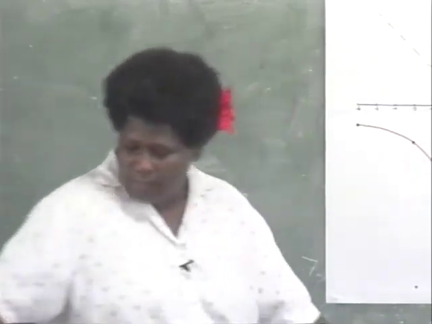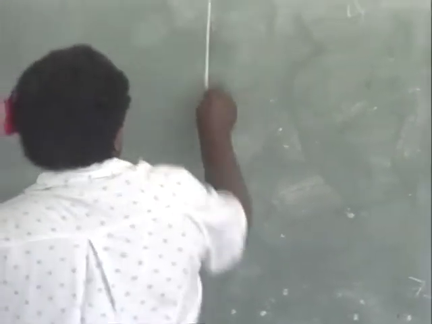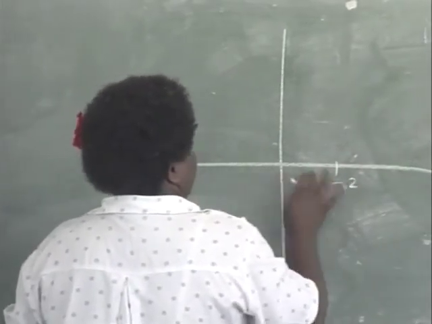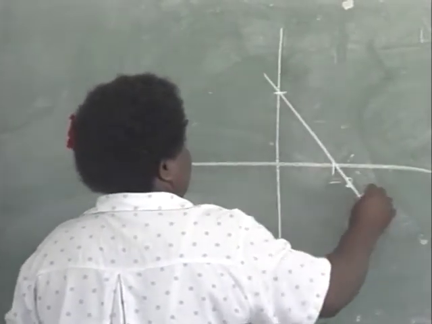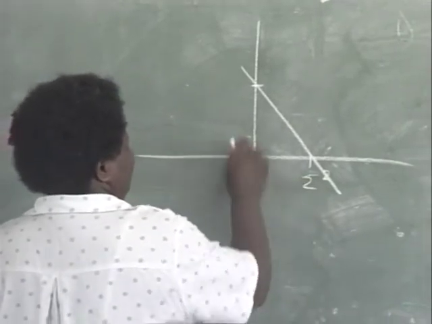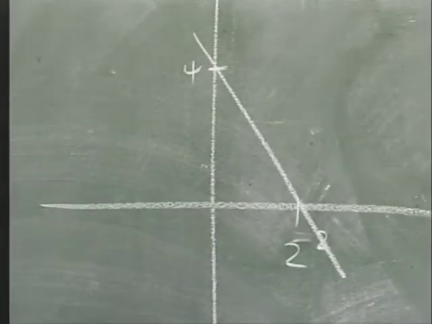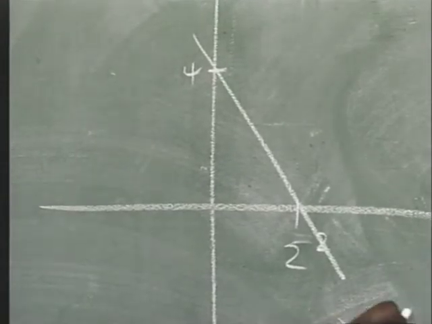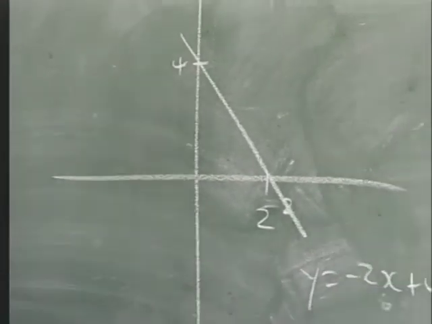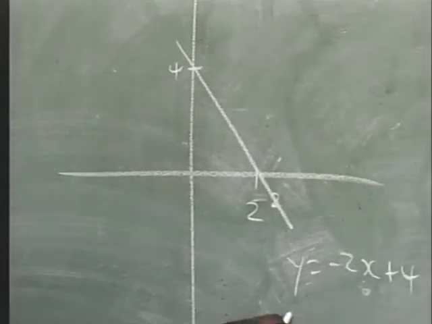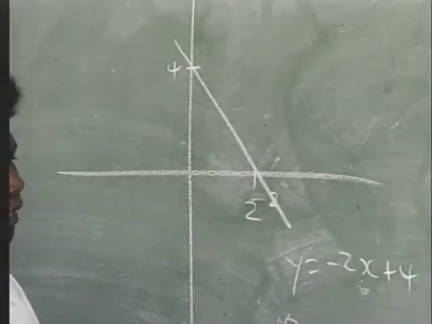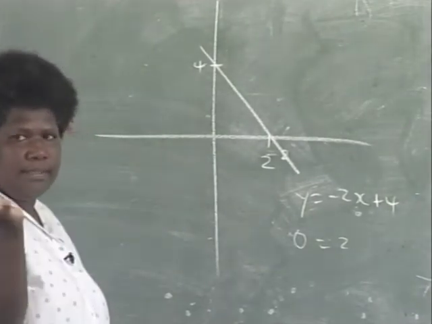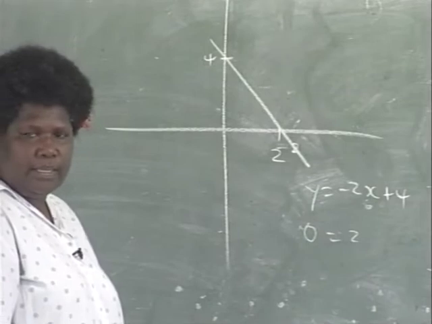If I can just draw a line. Okay, if this is the graph of y equals minus 2x plus 4, when y is equal to 0, x will be equal to, that's what he says, the value for y must be 0 at the x-intercept.